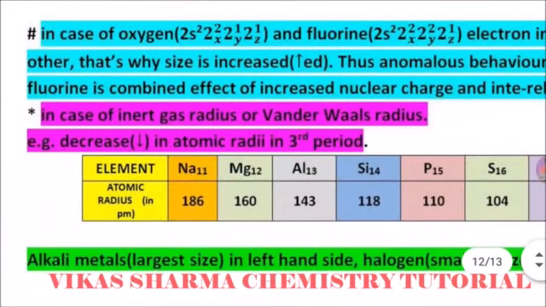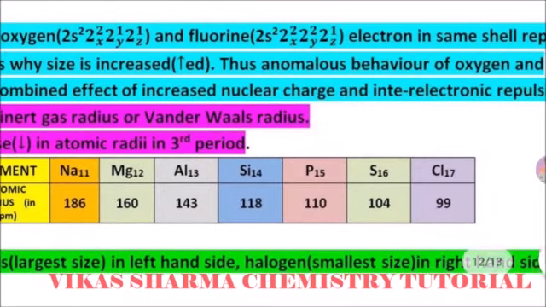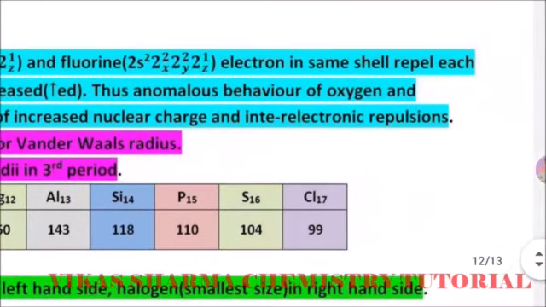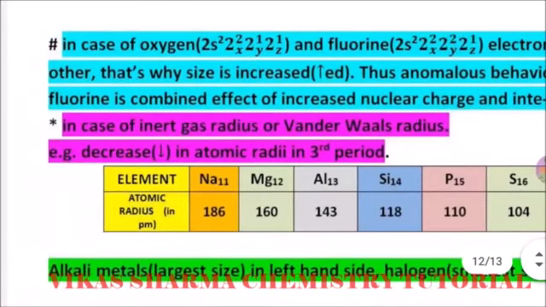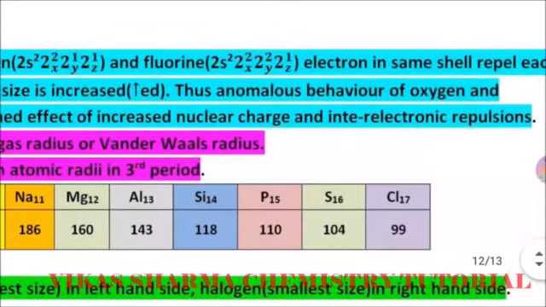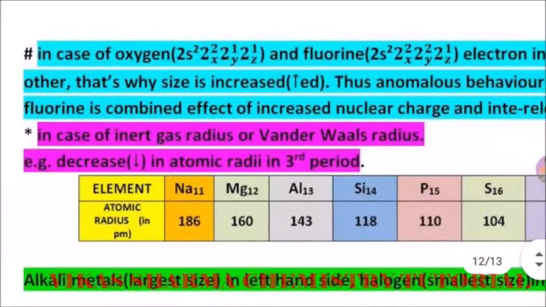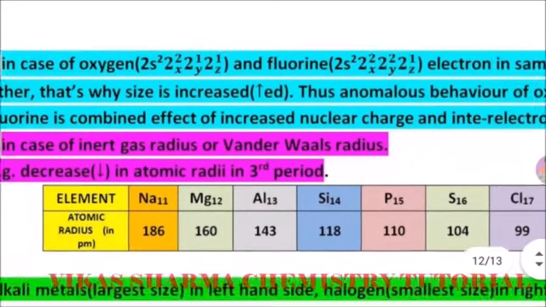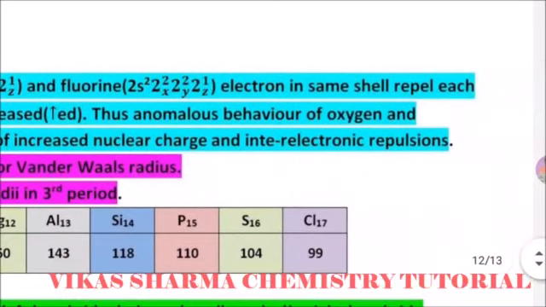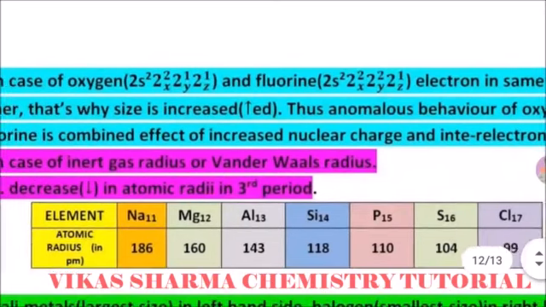In the case of oxygen, the configuration is 2s2, 2px2, 2py1, 2pz1, and fluorine is 2s2, 2px2, 2py2, 2pz1. Electrons in the same shell repel each other. That is why the size increases. Thus the anomalous behavior of oxygen and fluorine is the combined effect of increased nuclear charge and inter-electronic repulsions.